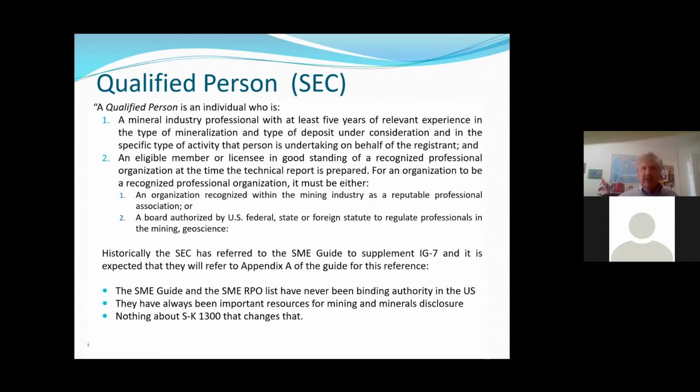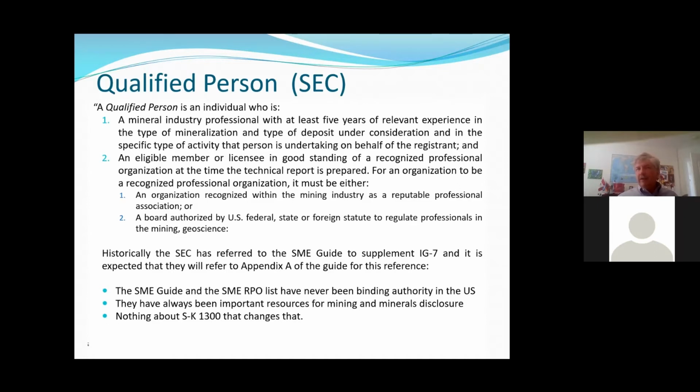We'll comment, historically, the SEC has referred to the SME Guide as a supplement to Industry Guide 7. It's expected that Appendix A of the SME Guide, which has a list of the recognized professional organizations, or RPOs, will be a reference for the SEC in determining point 2-1 of this. Also of note, the SME Guide and the RPO list have not ever been binding authority in the US.